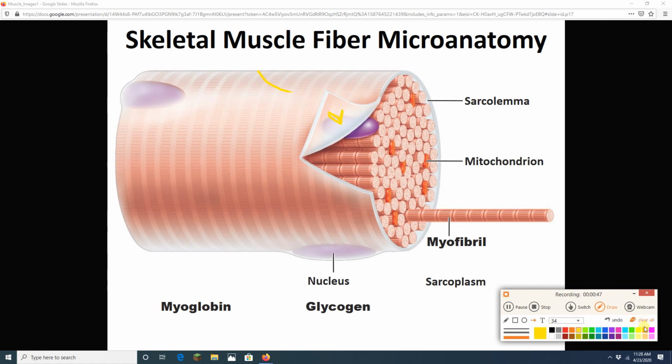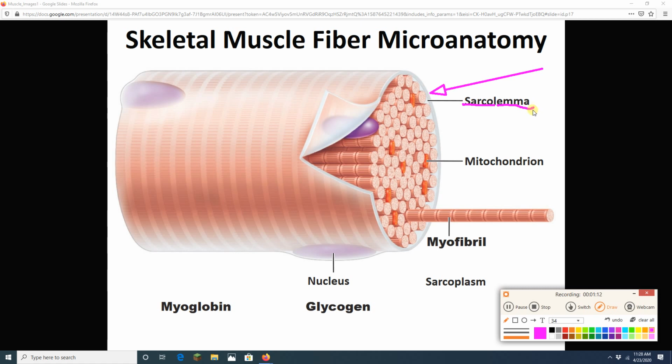Now, what else can we see here? We can see the membrane, the plasma membrane of the skeletal muscle cell. It's been reflected back here, and we can totally see it going all the way around. That is the plasma membrane. It is called the sarcolemma. Sarco means flesh, lemma means covering.